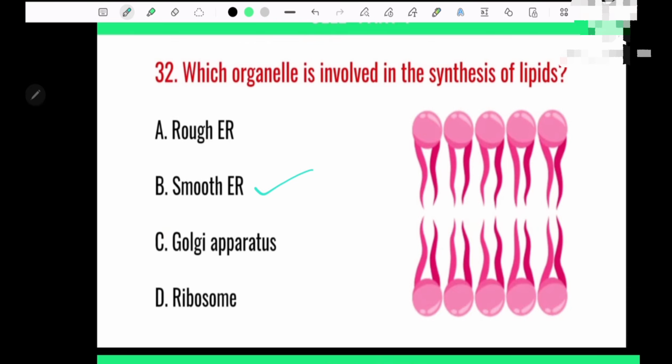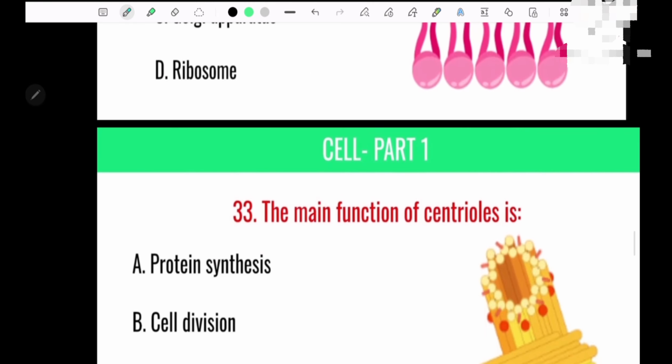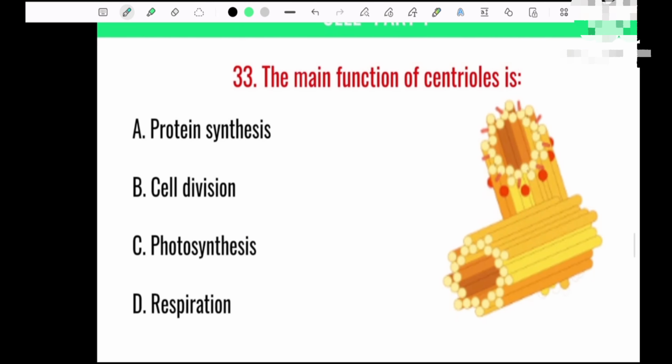Smooth endoplasmic reticulum. The main function of centrioles is cell division.